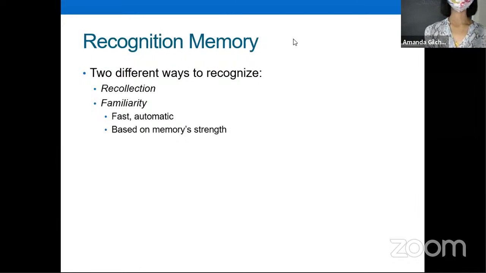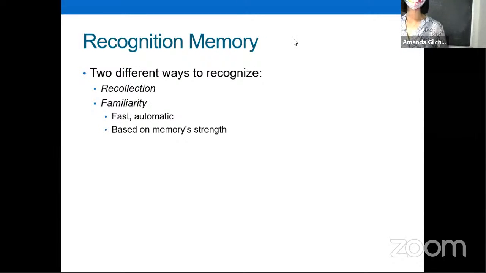One of the things that he mentions is that we have 2 different ways that we can recognize something. If I show you a multiple choice question on a test, which is a recognition test, you can use one of 2 ways to basically recognize that item.